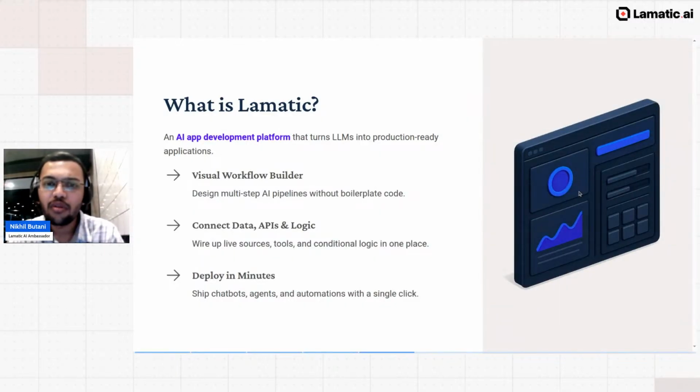You all know about LLMs and how an LLM works. Basically, Lamatic is a visual workflow builder. You can connect your data and APIs and build logic, like how it will be triggered via a third-party API. You can also connect a live source as well, and then you can deploy it.